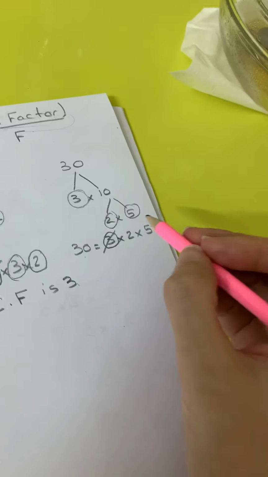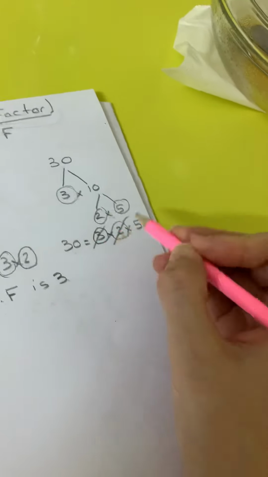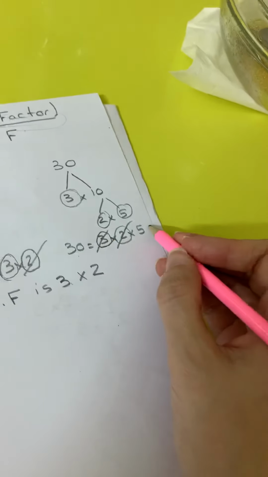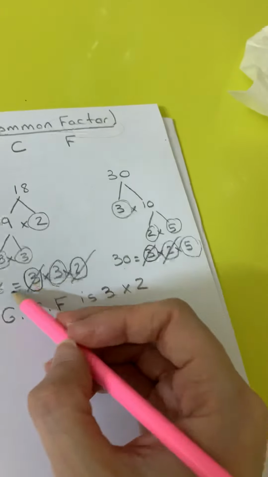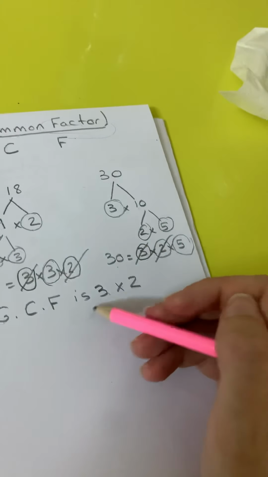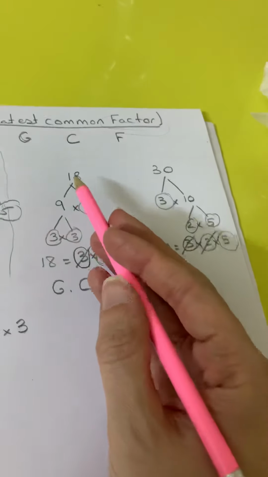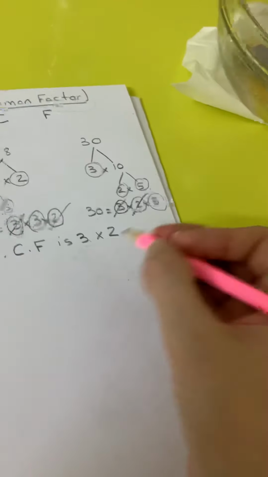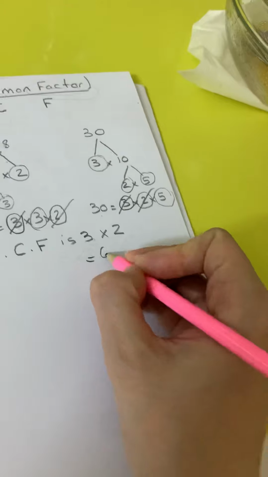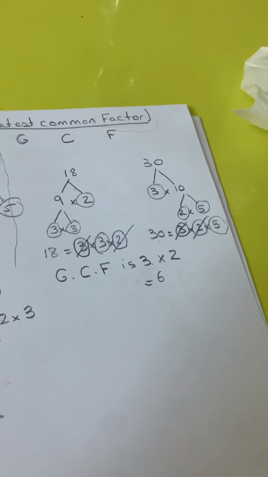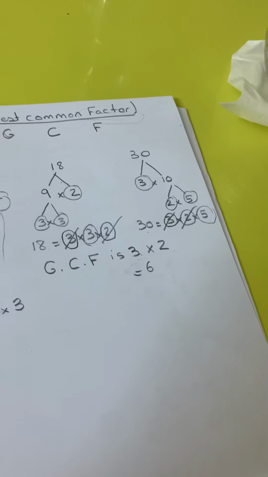Can I find a 2 here? Yes. I cross it and I write it here. Still have 5. Can you find 5 here? No. So this is the answer. This is the GCF between 18 and 30. It's 3 times 2, which is 6. This is example 2. I know you can find it easy.